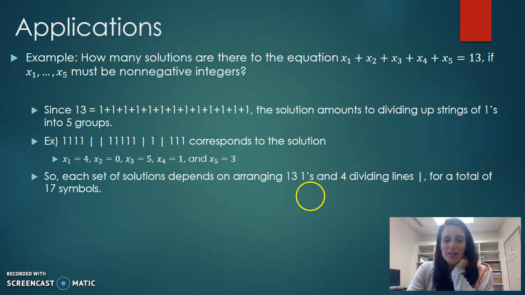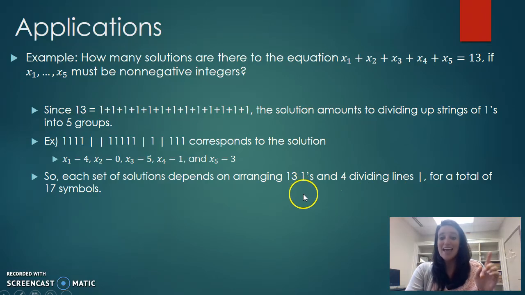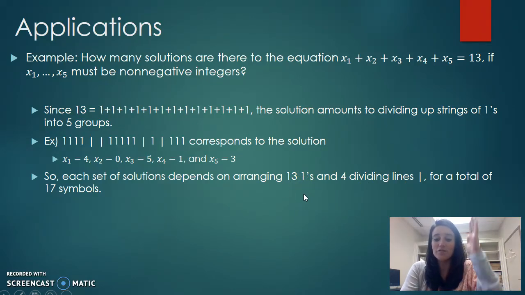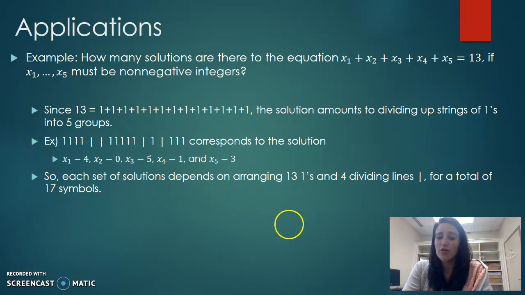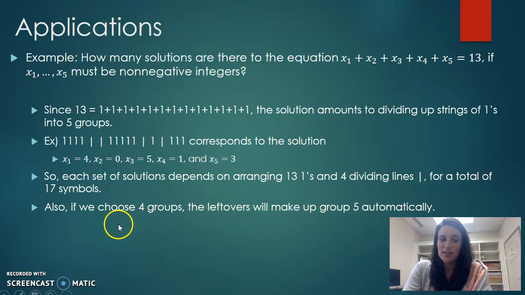So each set of solutions depends on arranging the 13 ones and the 4 dividing lines that we use to group those ones, for a total of 17 different symbols. And if we want to choose 4 groups, the leftover symbols will form the 5th group automatically.